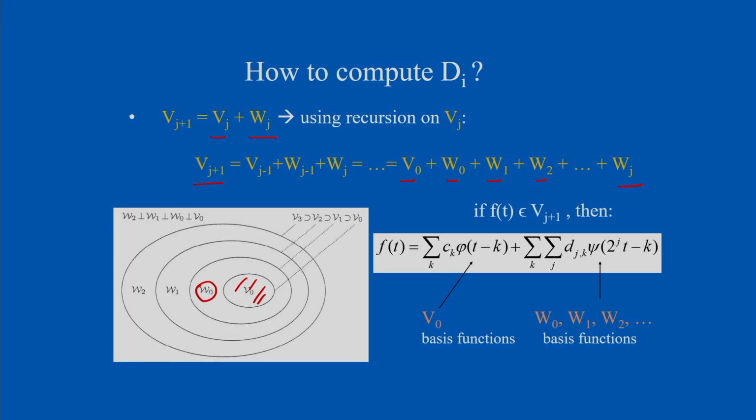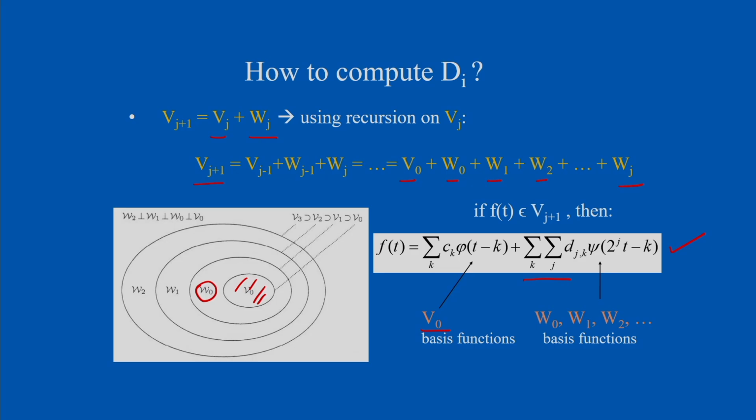So you can see the function is represented by this f(t) equal to summation over k ck phi(t minus k), that is for V naught. So this basis function I am considering for V naught, and another one is summation over k summation over j, that is the second component I am considering, djk, the coefficients, and psi(2 to the power j t minus k).